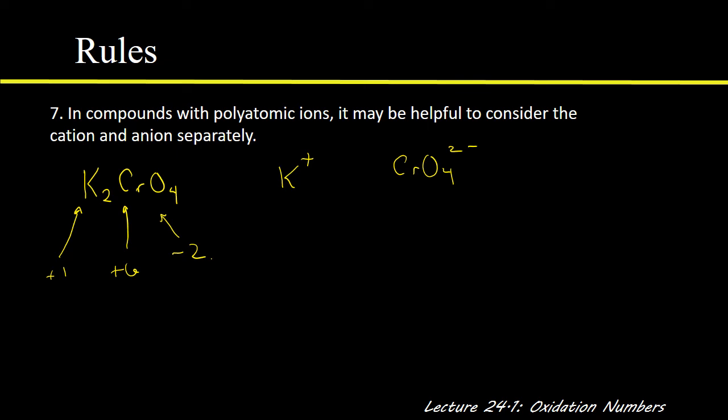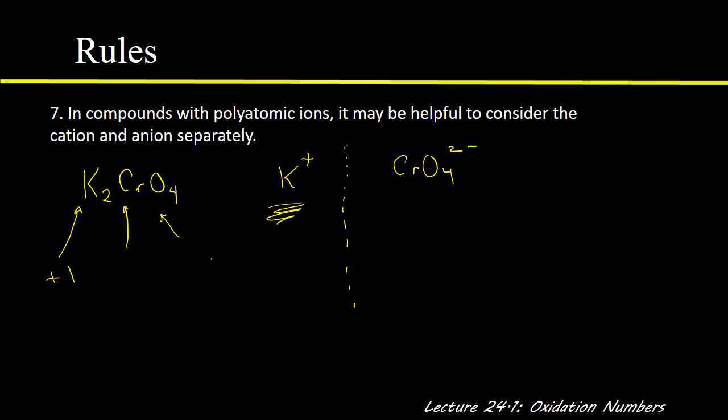In order to balance everything out, we need to have 2 potassiums with 1 chromate. But these are the basic ions that compose potassium chromate, and so therefore we know that the potassium is +1 because this is just an ion by itself. It's just a monatomic ion, right?